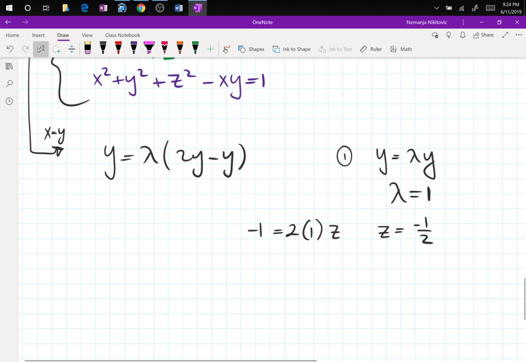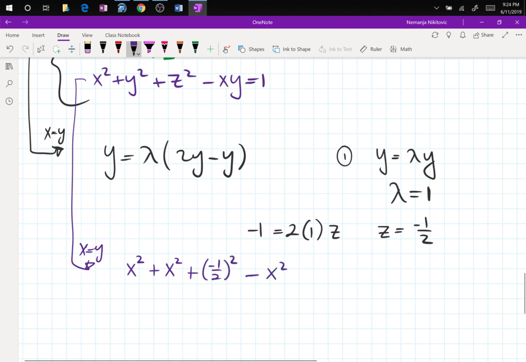Now from equation 3, I know x is equal to y. So I have x squared plus another x squared plus negative 1/2 for z squared minus x squared equals 1.